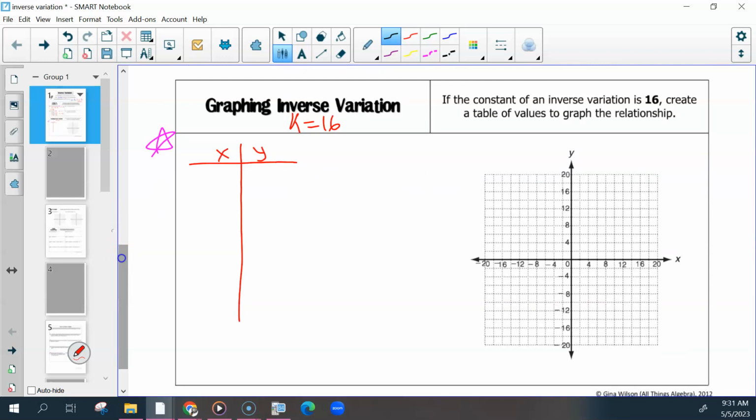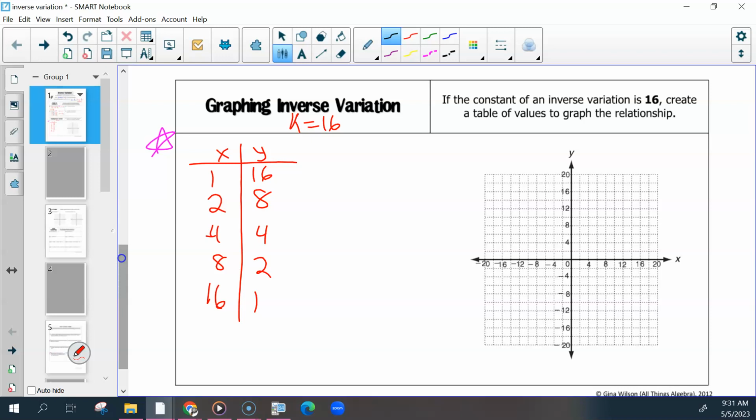How many factors of 16? 1 and 16, 4 and 4, 8 and 2. There's a reason I'm spacing this out, because we could also write the opposite. Because when we go to graph these, we'll need all of them. So 1, 16, 2, 8, 4, 4, 8, 2, and 16, 1.